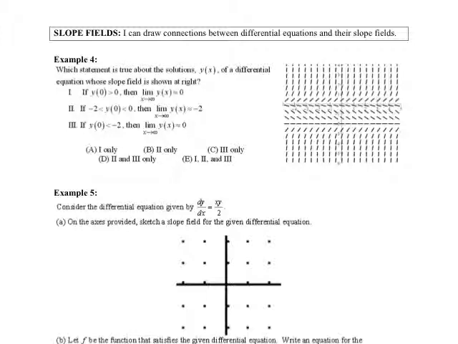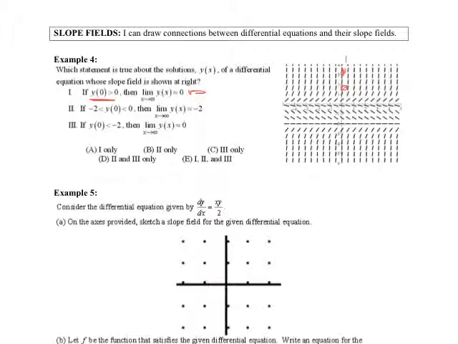Alright, here's another AP style question where they give you a slope field and they ask you some questions and determine whether they're true. And this first question says, which one of these 3 statements is true? And it may be more than one. So when y of 0 is greater than 0, so when our initial condition is greater than 0, so maybe our initial condition is here or here, does the limit as x goes to infinity roughly equal 0?